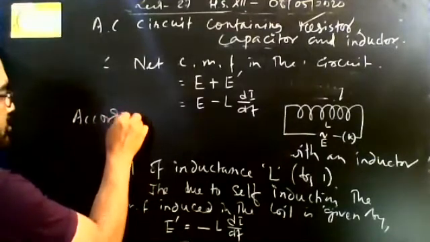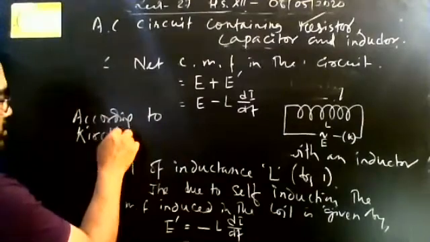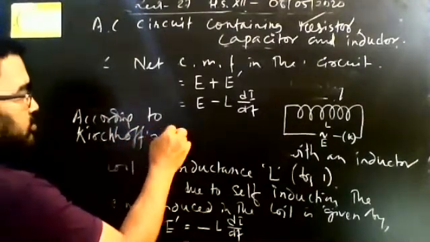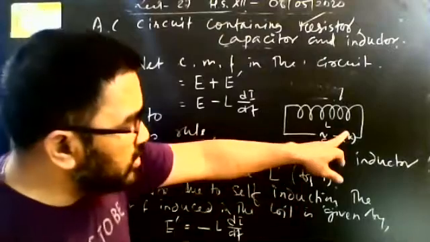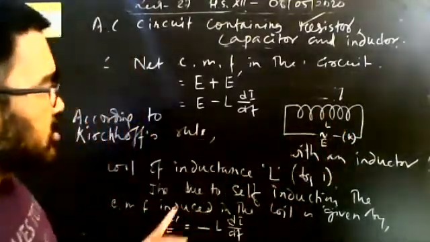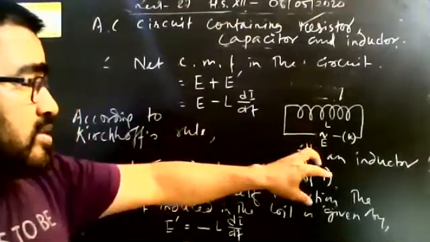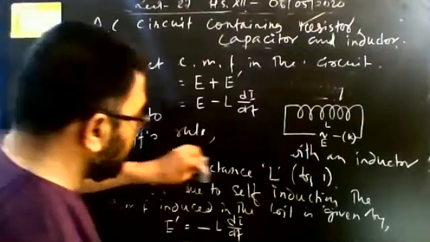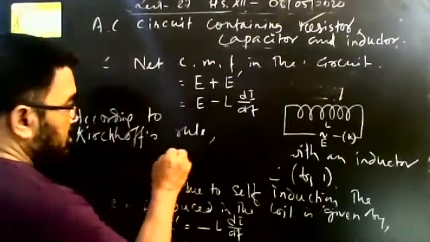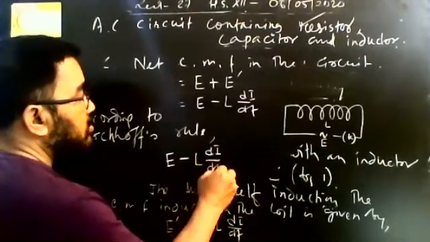According to Kirchhoff's rule, if you apply Kirchhoff's second rule here, there is no resistor. So the total EMF is equal to the product of current and resistance, and because there is no resistor, this will be equal to 0.